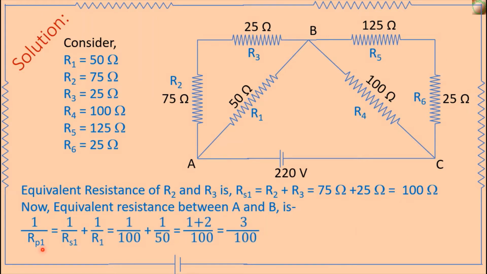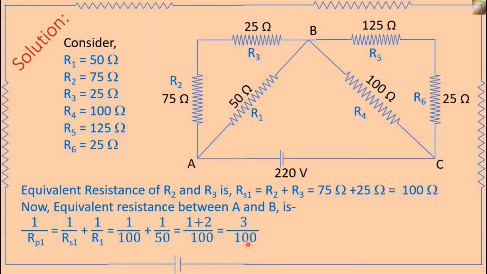So the equivalent resistance between A point and B point: 1 by Rp1, where Rp1 is the equivalent resistance of Rs1 and R1, is 1 by Rs1 plus 1 by R1. These two resistances are connected in parallel. So 1 by Rp1 is equal to 1 by 100 plus 1 by 50, which is equal to 1 plus 2 over 100, a simple calculation.